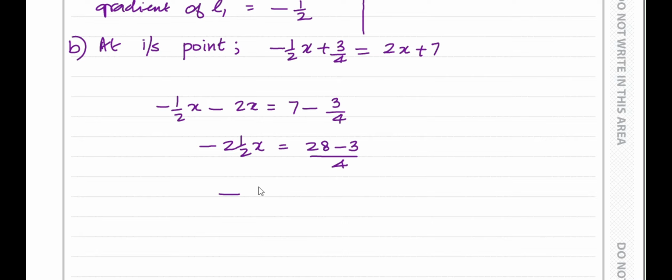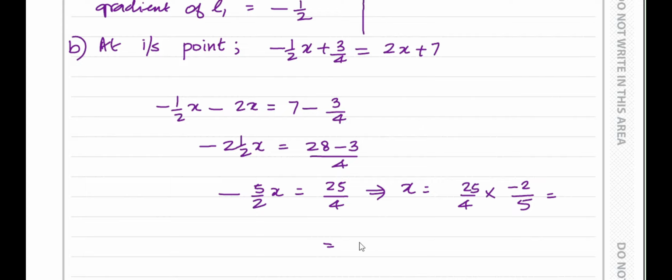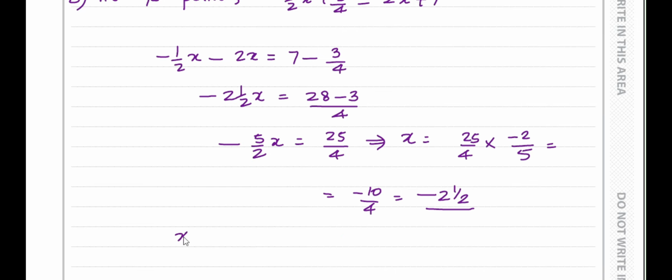Hence, minus 5 over 2 x equals 25 over 4, leading to x equals 25 over 4 times minus 2 over 5, which results in minus 10 over 4 equals minus 2.5. Therefore, the x-coordinate of P equals minus 2.5.